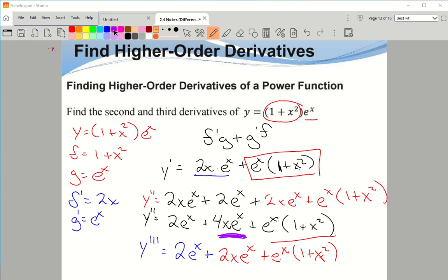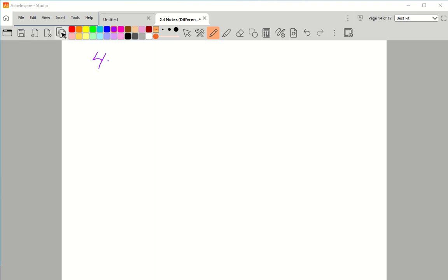So yes, these problems, as I'm getting to the second, third derivatives, they get kind of long. So let's go on to a new page and do the product rule of 4x e to the x. So my f is 4x, g is e to the x, f prime is 4, g prime is e to the x.